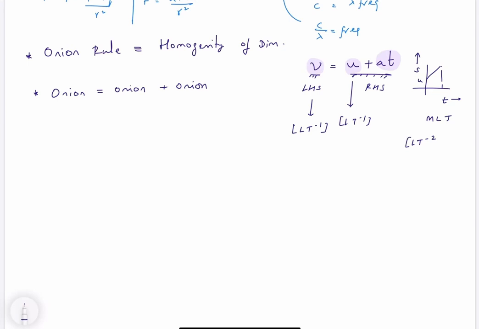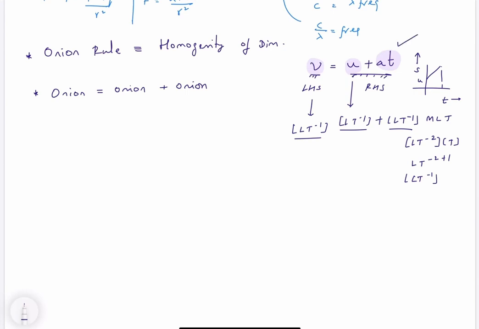And what is t? Which is nothing but the time. Which means LT power minus 2 plus 1, since we are multiplying. So LT power minus 1. Hey, wow, we got LT power minus 1 plus LT power minus 1. Onion is onion plus onion. This is one onion, this is one onion, this is one onion. Yes, I can club all these together and put them in my basket. So this satisfies the onion rule.